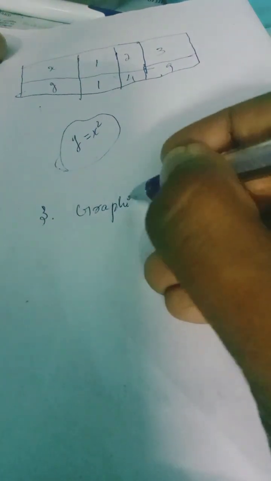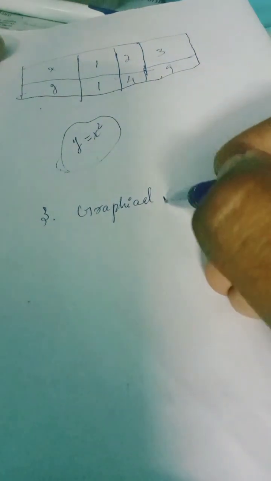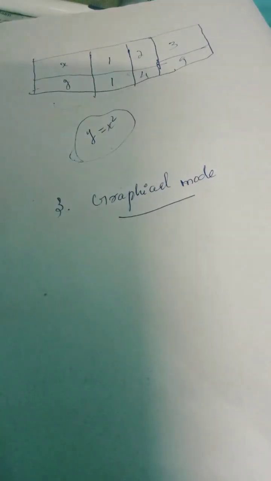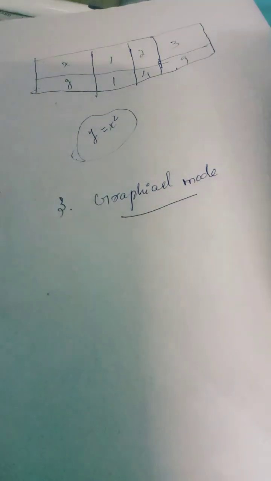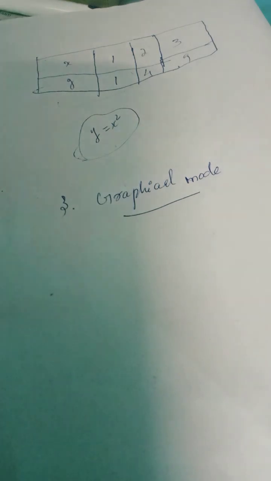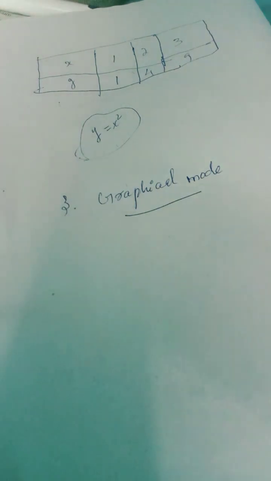Going to the third mode of representation, that is the graphical mode of representation. We know that we can determine the function through a graph.